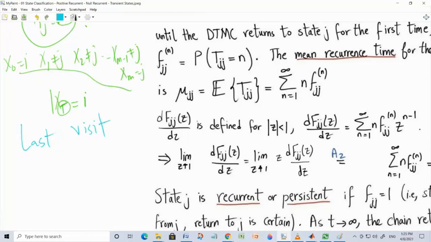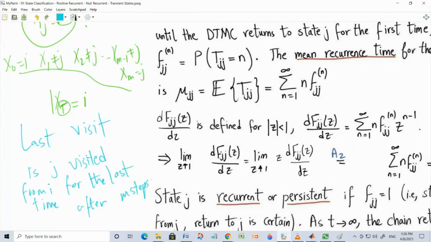So is j visited from i for the last time after m steps, where m is anything of your choice? How do you know that it is the last visit? You need to know the full future, right?